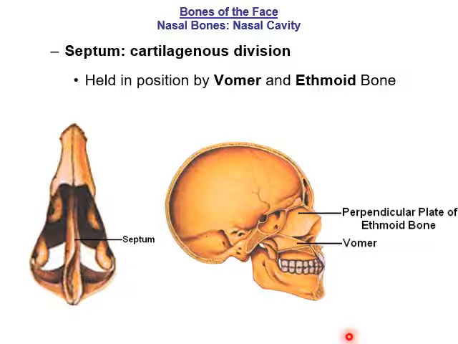These bones don't line up perfectly, this vomer here and that perpendicular plate of the ethmoid bone. They're a little bit off, and so that's why people's noses don't tend to go straight up and down. They tend to be off to the side a little bit, or have a little bend in them. This does tend to cause that shift. If it's really bad, you can get what's called a deviated septum, and you don't breathe very well.